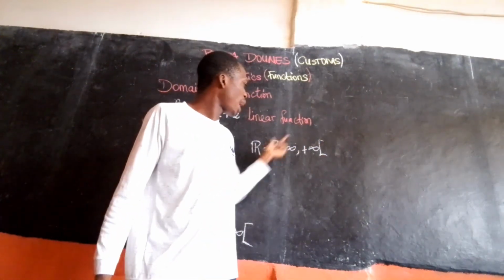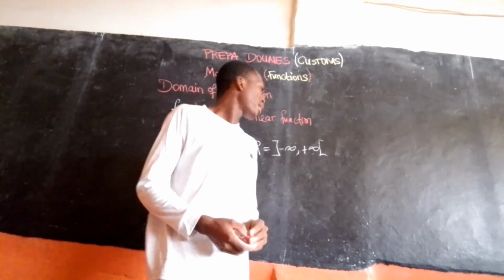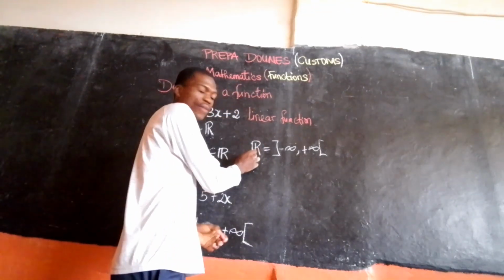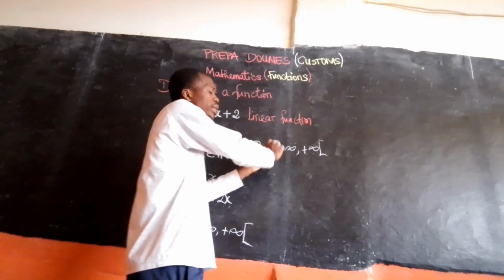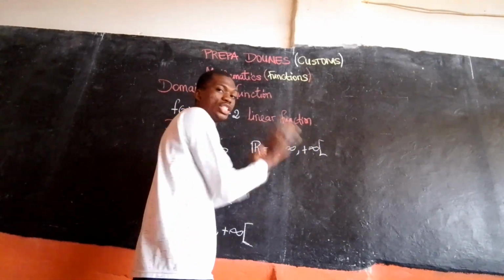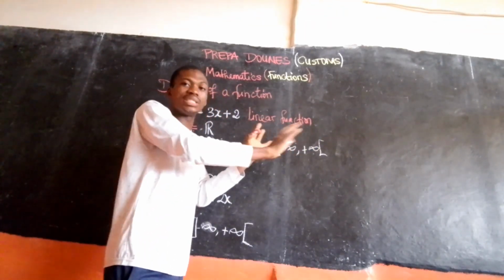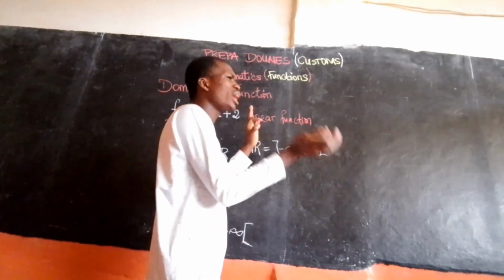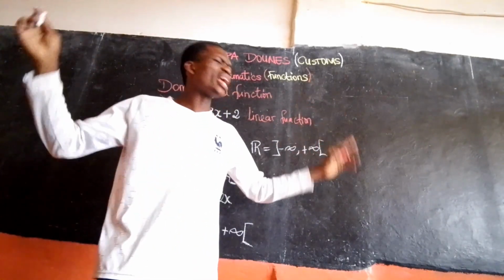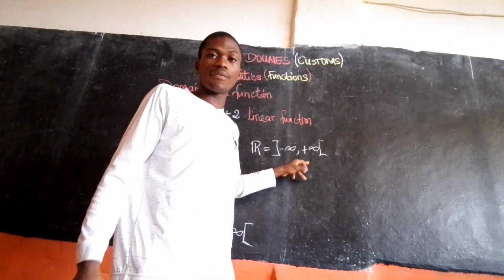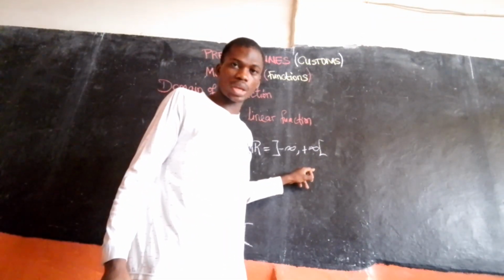And all of them are represented on the set of real numbers. Therefore, if the domain of a function is defined on R, it simply means that it takes all the values between negative infinity and positive infinity. This can include any number like negative 25, 42, any number like 53, any number is a member of this set, including 0.